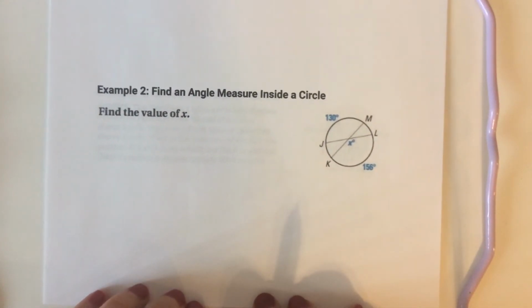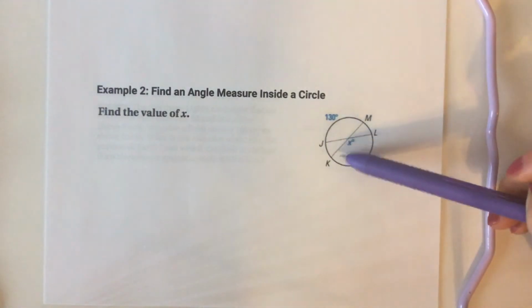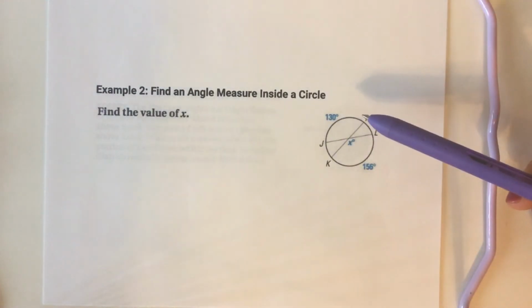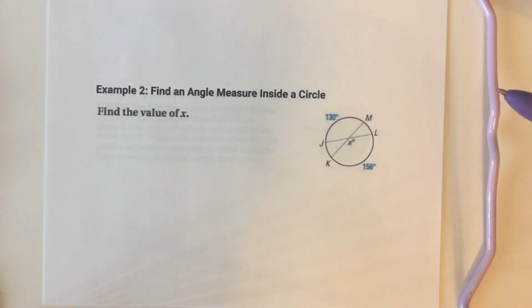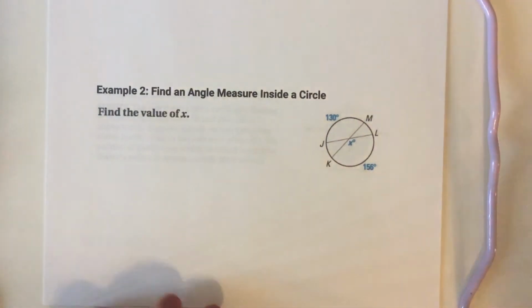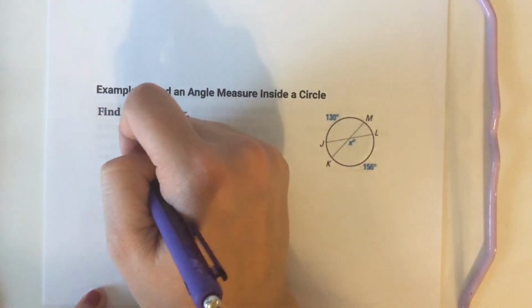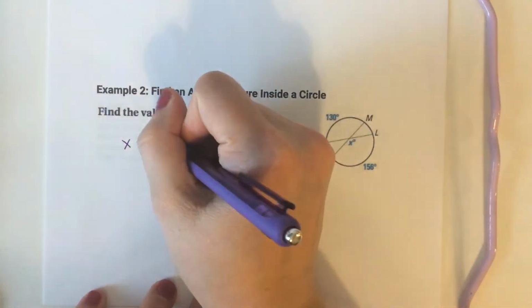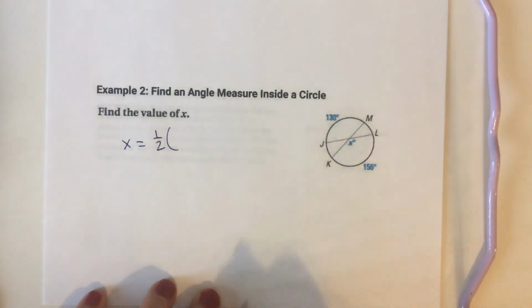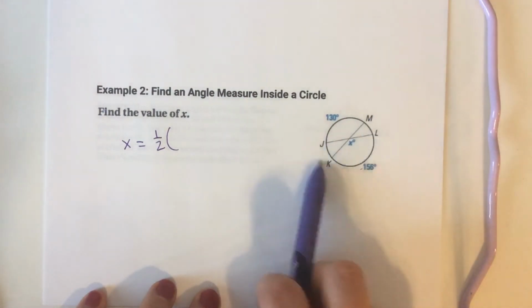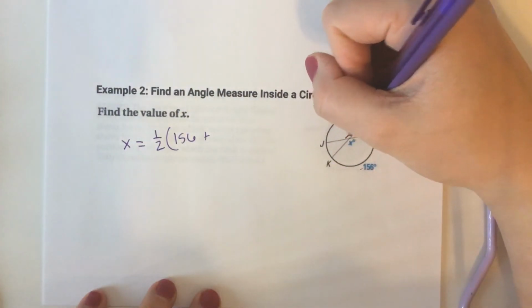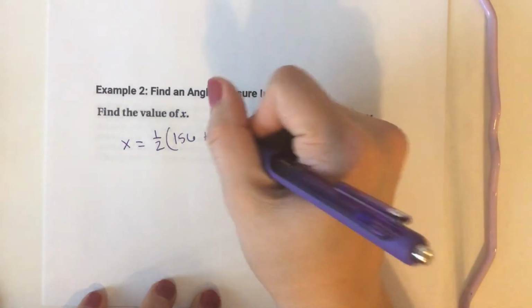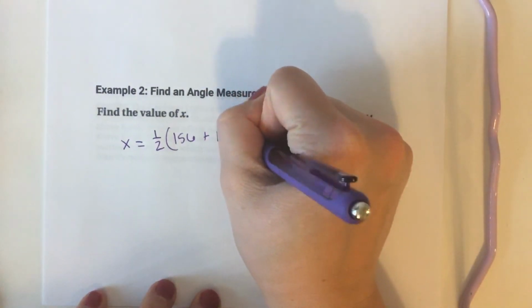Example 2, find the value of x. So x is an angle over here, and we have two chords intersecting inside the circle. So we know we're going to be working with the sum, and we know that that angle right there is going to equal 1/2 the sum of its intercepted arc, 156, and its vertical angle's intercepted arc, the opposite intercepted arc, so 130.